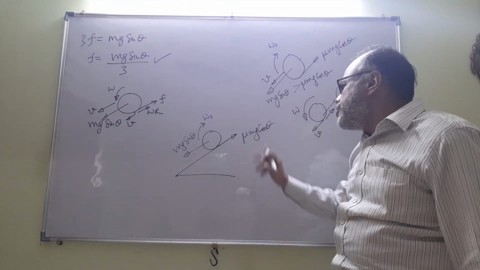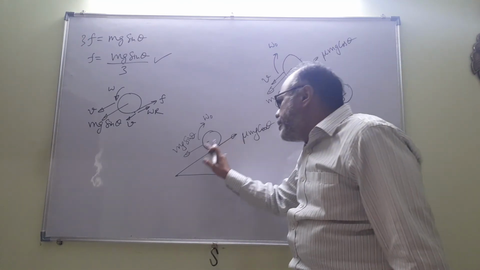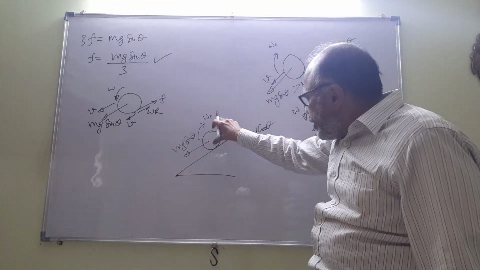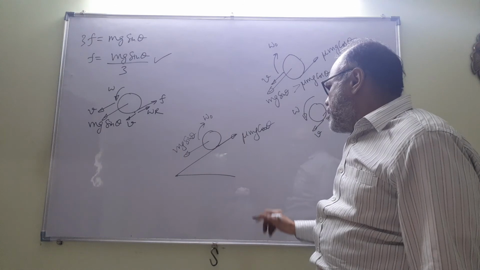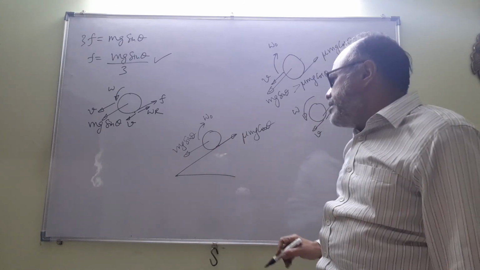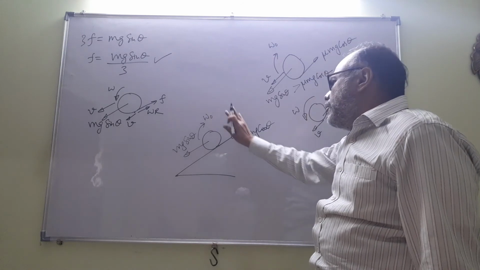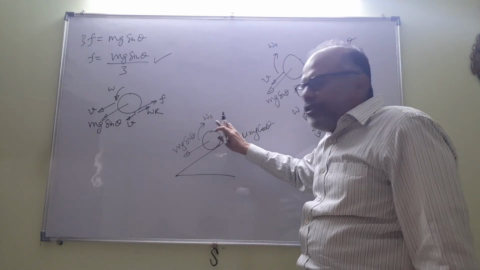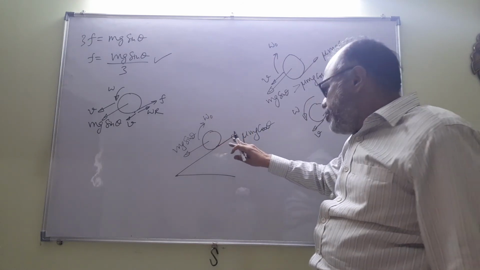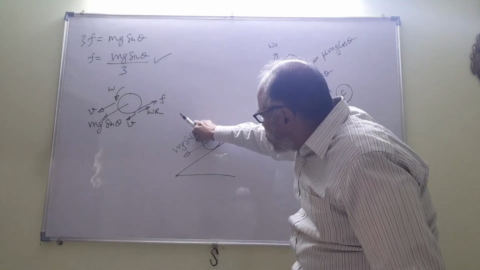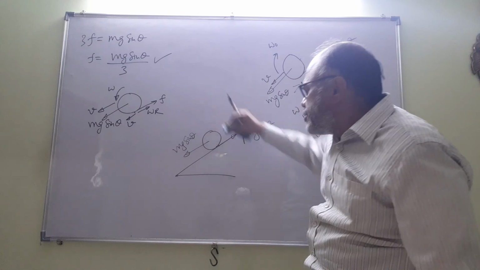Now in this situation, the body will neither go up nor come down, and it will rotate in the same place, and because there is slipping, there will be heat generated. All the rotational kinetic energy will be dissipated as heat, and the body will come to an instant rest.